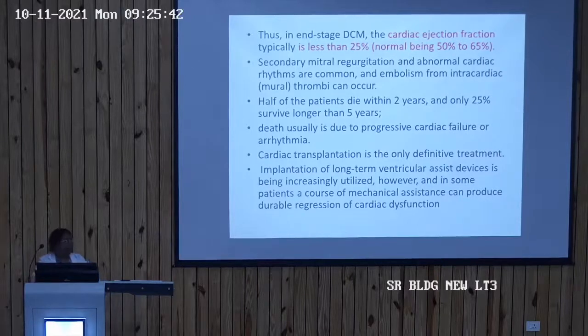And cardiac transplantation is the only definite treatment that is possible. Nowadays other treatments are being considered, like implantation of long-term ventricular assist devices, but they are not very effective, and cardiac transplantation is the only treatment of choice.